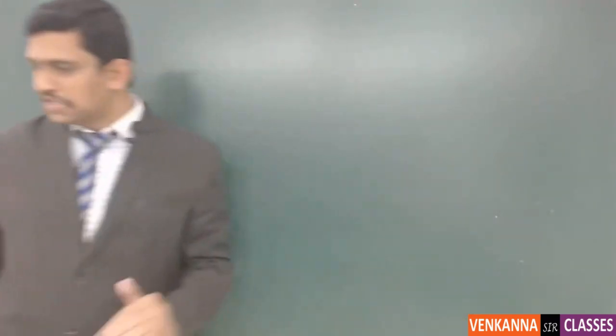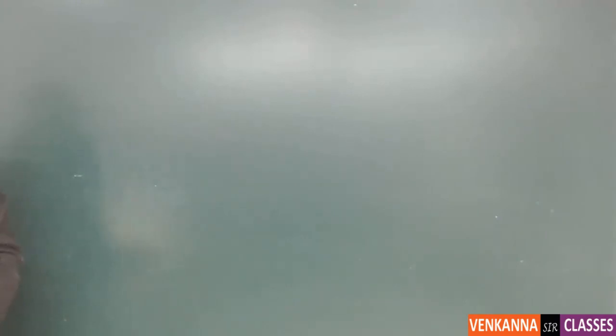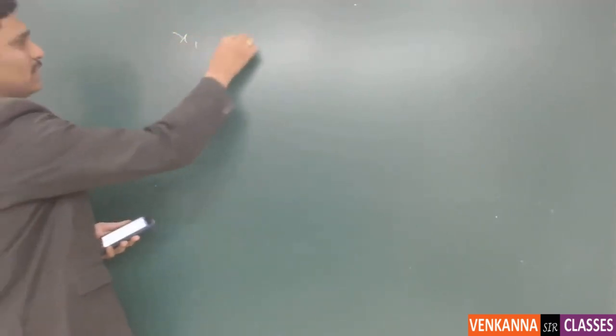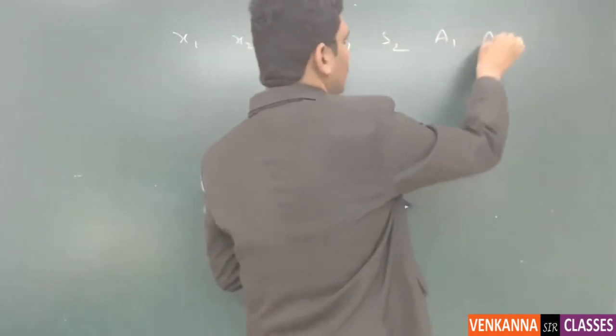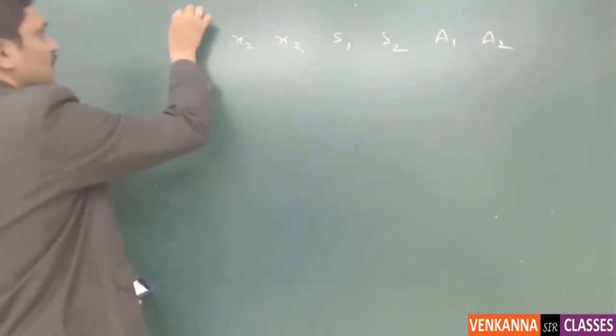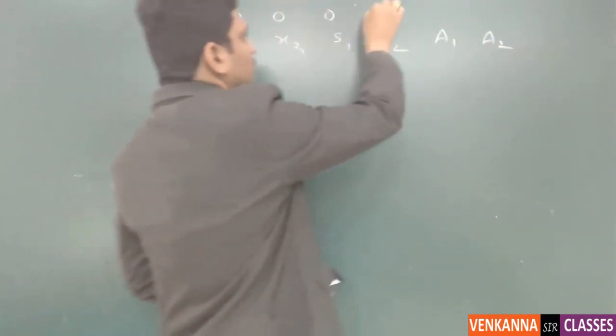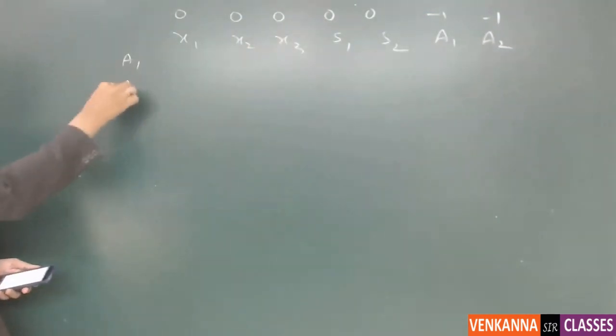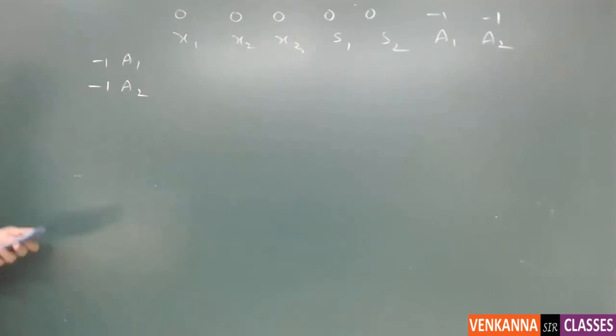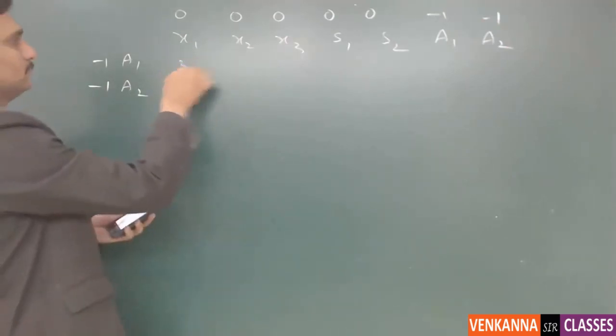Otherwise, we take the constraints as they are. Now let us take the values x1, x2, x3, s1, s2, a1, a2. All these values are 0, minus 1, minus 1. I am performing the case with the artificial variables, minus 1, minus 1, and these are the values.